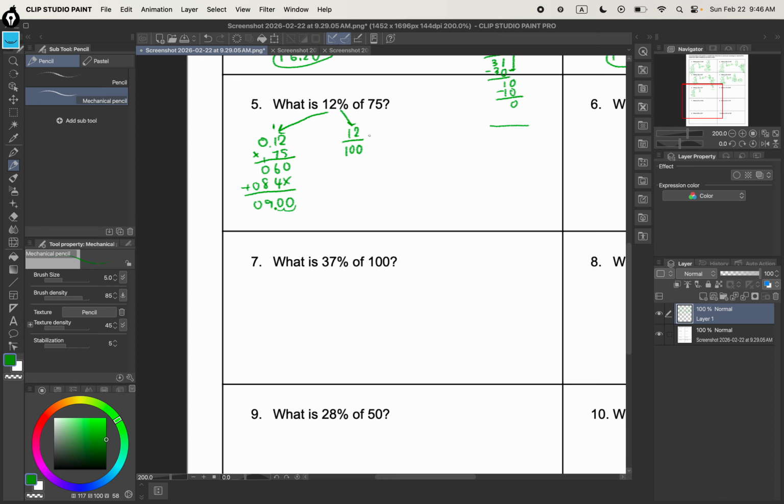I can divide both by 4. So I get 4. Okay, there we go, much easier. 1, that's a 1. I'm so sorry. So 3 times 75. 75 times 3.